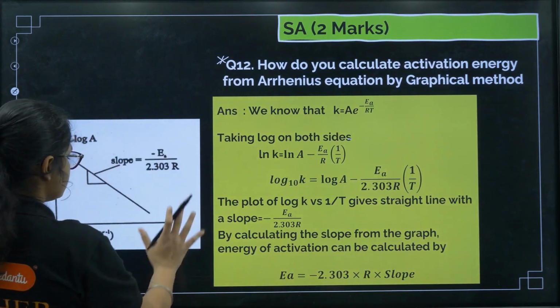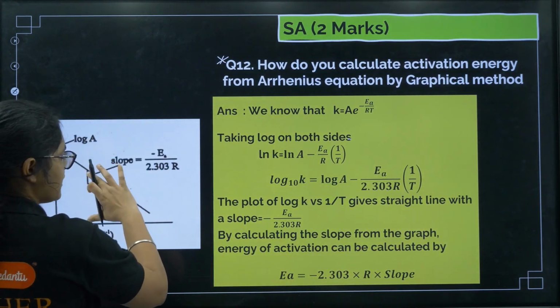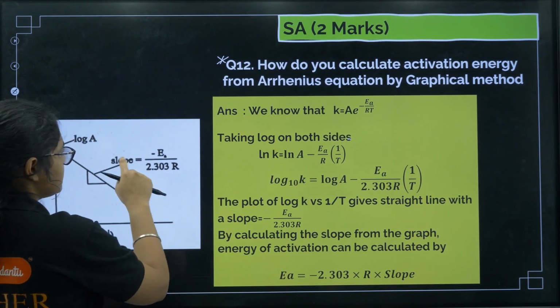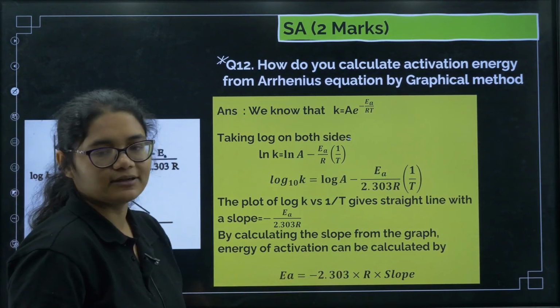If I draw this graph and calculate the slope, slope is equal to minus EA by 2.303 R. So multiplying this, I can calculate the activation energy.